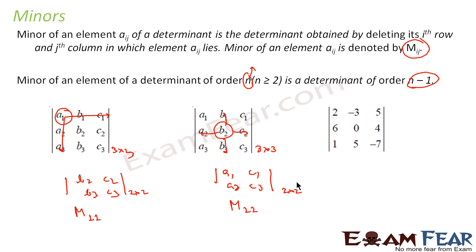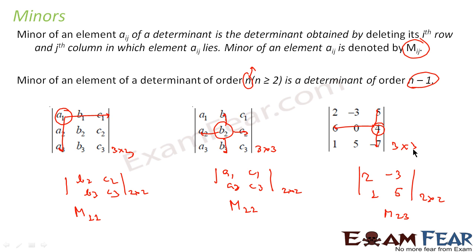Suppose we want to find the minor of this element. Remove this row and this column. What you get is 2 minus 3, 1 5. This is the minor of the element in the second row, third column, M23. And this is also 2 cross 2, while this is 3 cross 3.